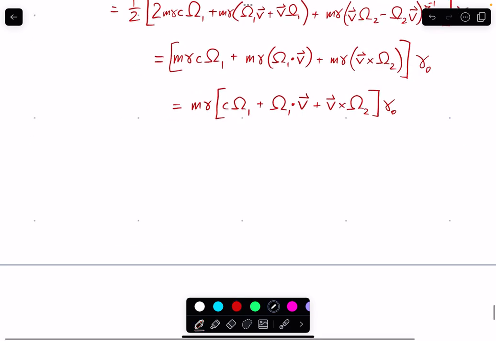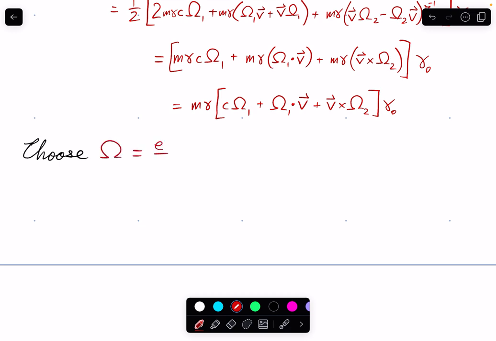So we choose omega equal to E over mc, and then F, where F is just the electromagnetic field. So E plus BI. I'm going to do something here, though.